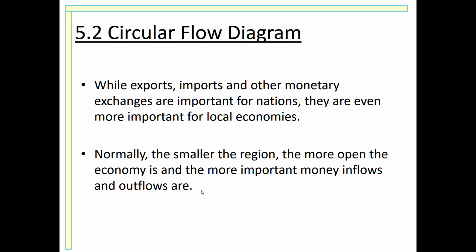If your region is large enough, you can buy and sell all inside the region. But if you live in the middle of nowhere, you're going to have to go outside the county or the region to buy what you need, and you're probably going to have a job outside of the county as well. So the smaller the region, the more imports and the more exports. And what that means is the more money inflows and outflows.